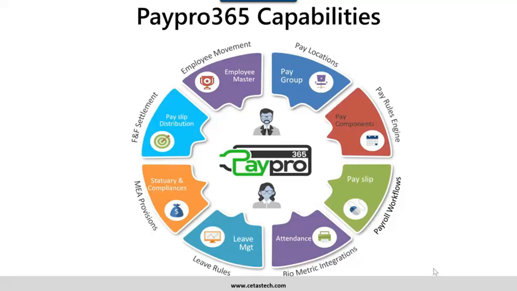Then we also have this employee movement master, wherein if you are moving an employee from one department to another or one country to another, I can do a settlement in one company and have him added to the other company without affecting his tenure in the company. So these are some of the key features and capabilities of PayPro 365.